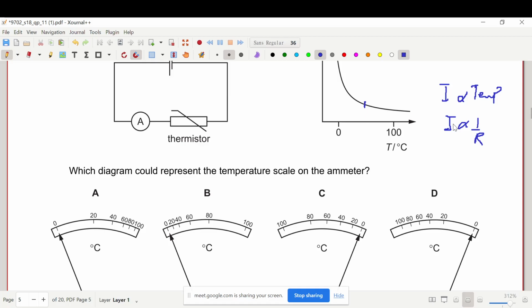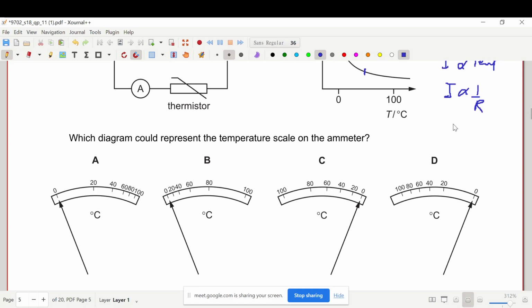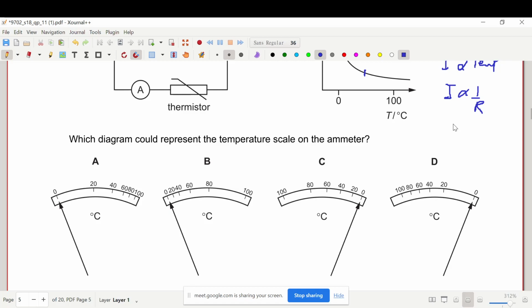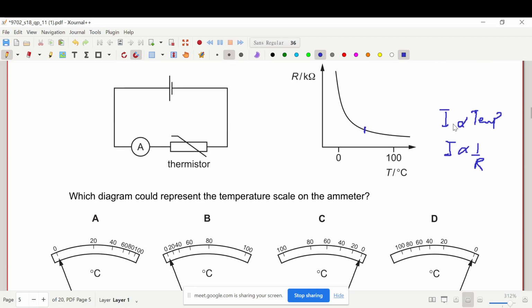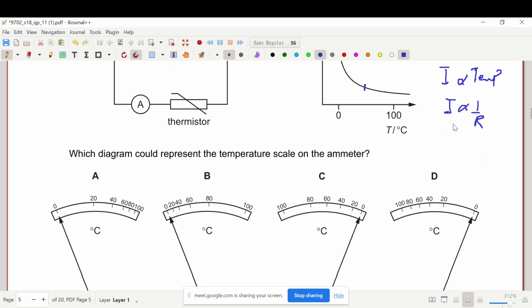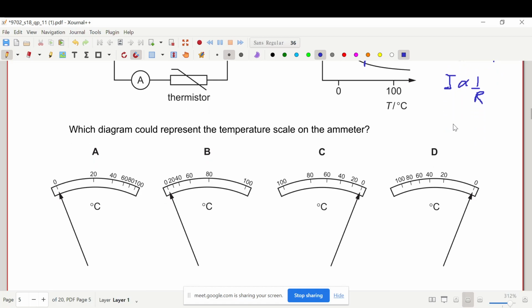Okay, if we just see the dial meter A now, for the first 20 degree and 40 degree, the deflection is very high. Just see it.